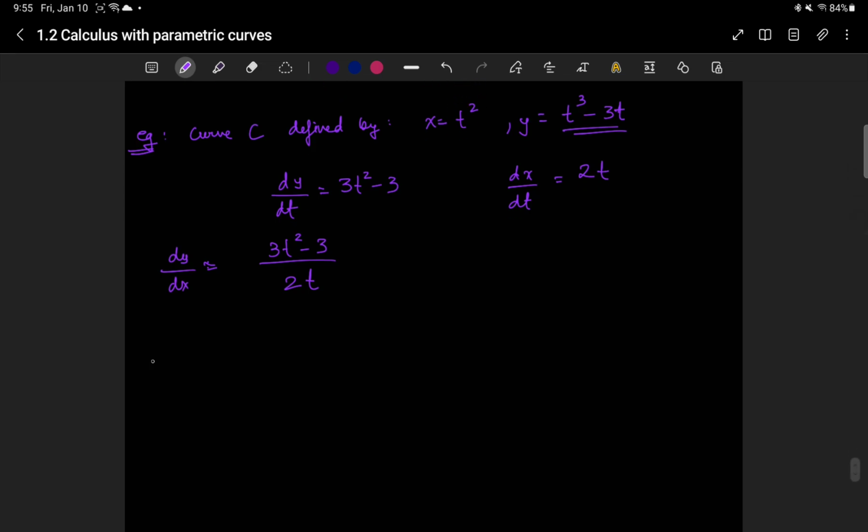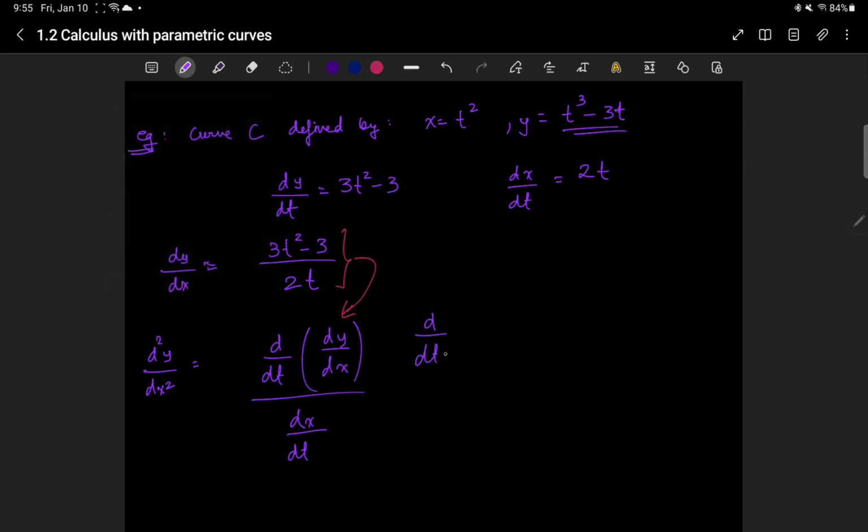Now what about the second derivative? For d squared y over dx squared, I need d over dt of dy over dx divided by dx over dt. Now this is basically dy over dx. So I am finding the derivative of 3t squared minus 3 over 2t, and the denominator I already know is 2t, so here I am going to be using the quotient rule.